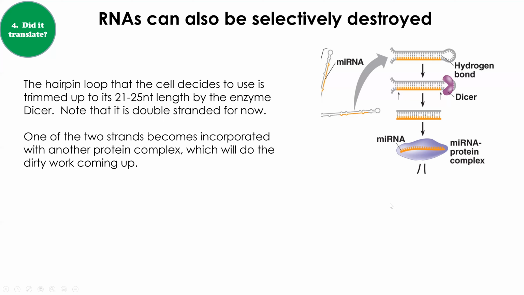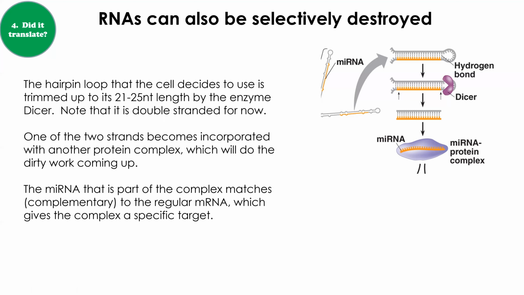So the sequence specificity will be what gives us the target. What we're going to see next is that this microRNA will also be complementary to some messenger RNA. Okay, so it's going to be complementary. It's going to be able to base pair.